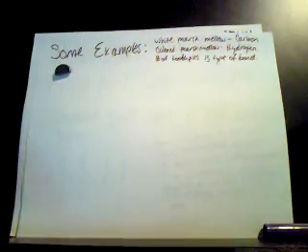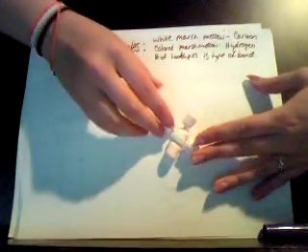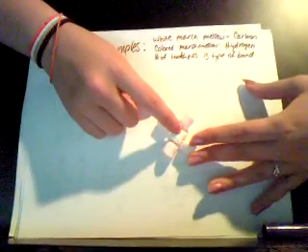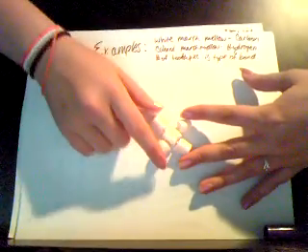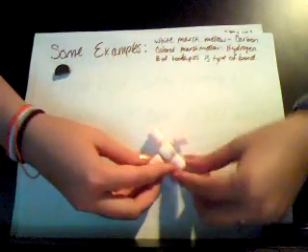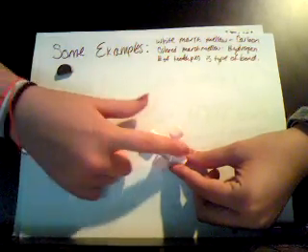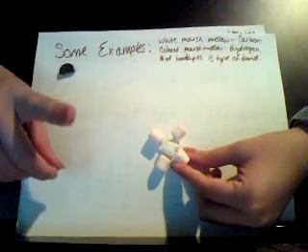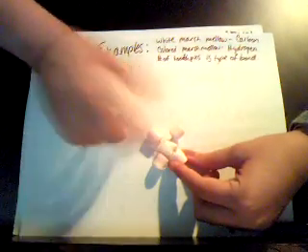Let's practice the skills we've learned so far. Here, we have 1 carbon, the white marshmallow, and then we have 4 hydrogens, the colored marshmallows. Now, all of the bonds between the carbons, well, there are no other carbons, so we consider them all single bonds. And the carbon to the hydrogen is all single bonds as well.